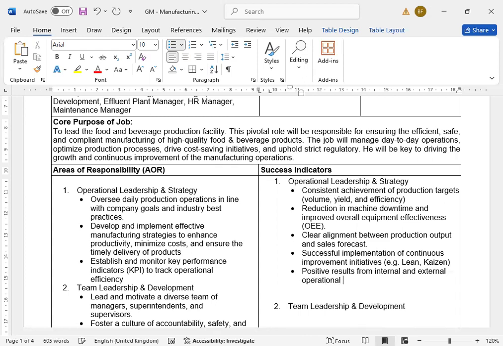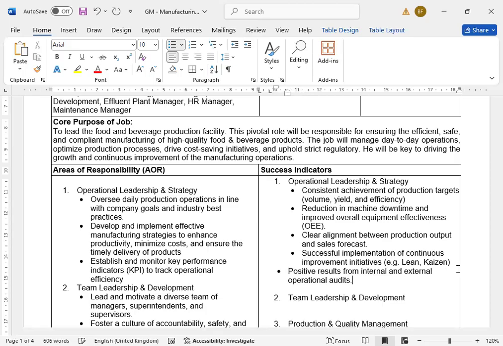Especially when you're talking about regulatory audits like ISO, FDA, whatever. Okay, audits. Okay, I think that would be enough.